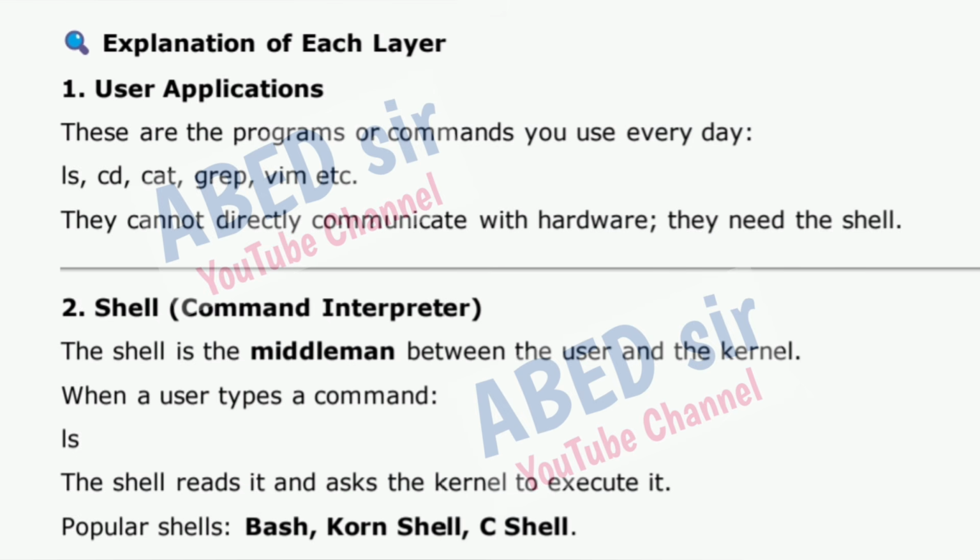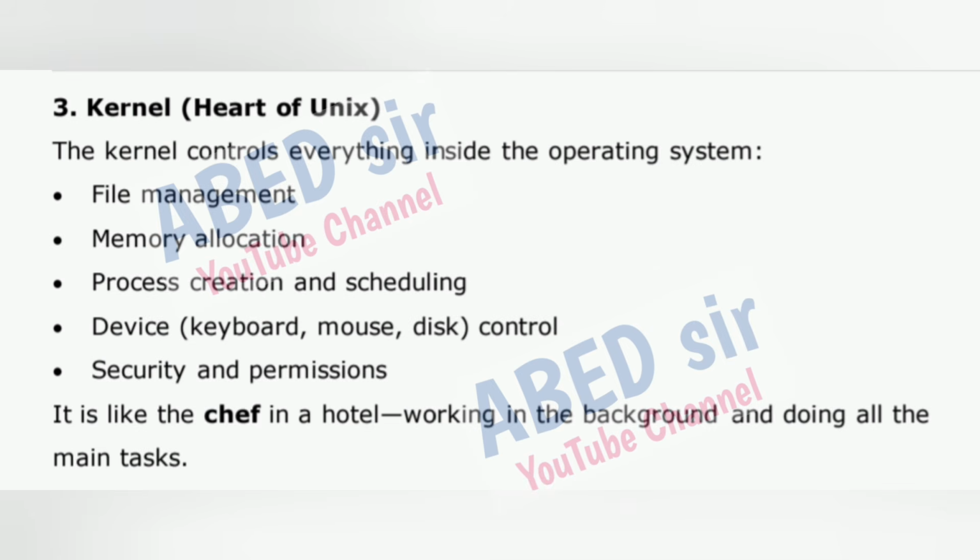Popular shells: bash, Korn shell, C shell. 3. Kernel, heart of Unix. The kernel controls everything inside the operating system: file management, memory allocation, process creation and scheduling, device control for keyboard, mouse, disk, security and permissions.